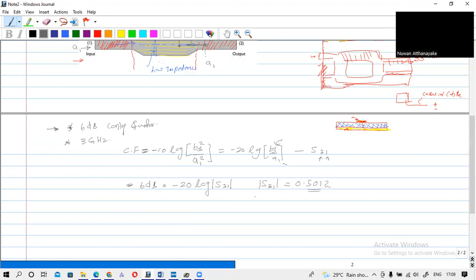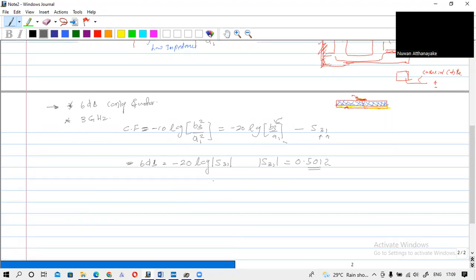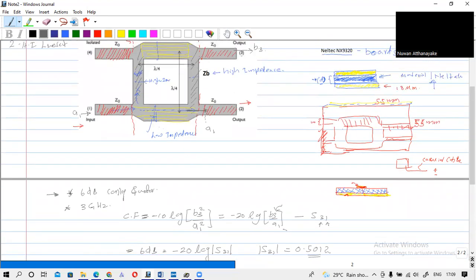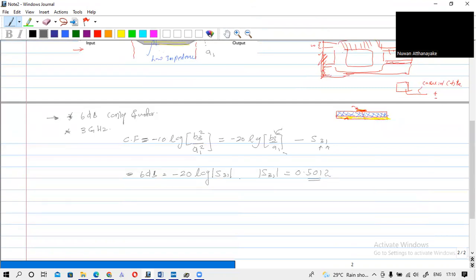And this impedance, so what is this impedance? This is at A, this is at B. So this is low impedance and the high impedance. Those impedances are also based on this parameter S31.